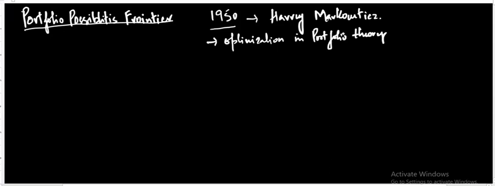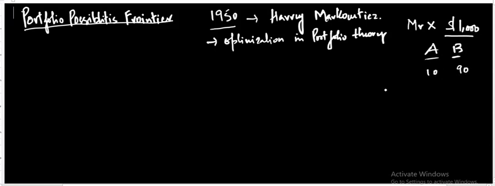Now, let me explain what the theory is and what the portfolio possibility frontier is. Say, for example, we have the same Mr. X who has $1,000 and he wants to invest into two stocks, say A and B. Now he can create a set of different portfolios from these two stocks by investing in different proportions. Say he may invest 10% here and 90% into this stock.